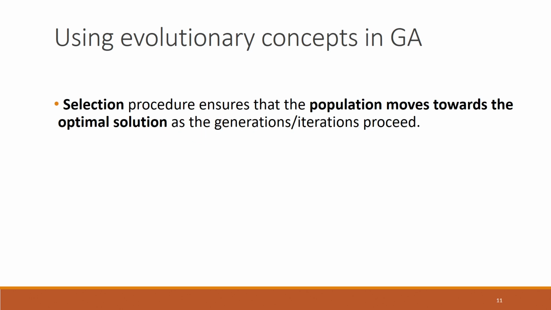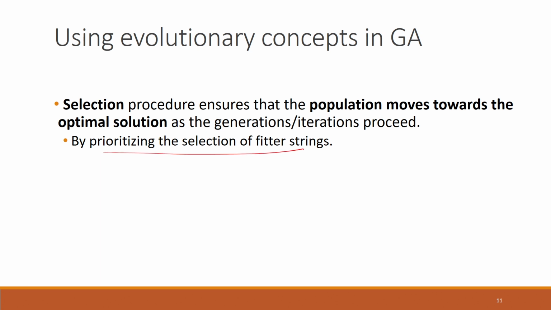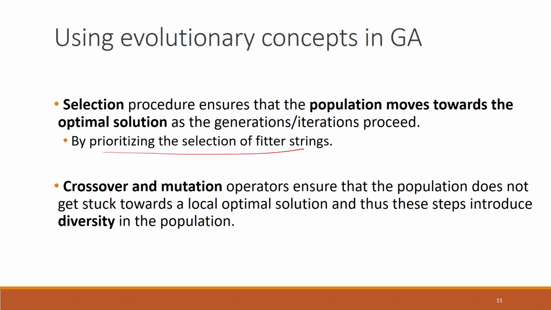So the selection procedure ensures that the population moves towards the optimal solution as the generations or the iterations proceed, and this it does by prioritizing the selection of fitter strings. And crossover and mutation operators ensure that the population does not get stuck towards a local optimum solution, and thus these steps introduce diversity in the population.